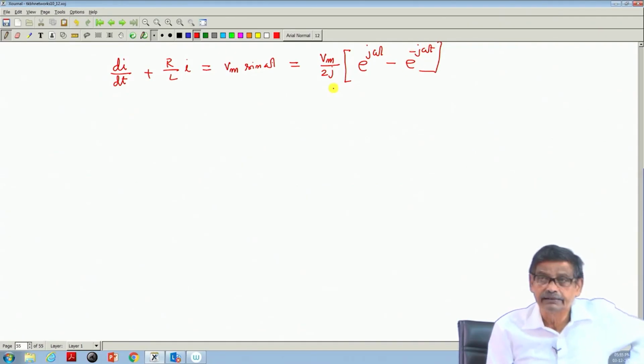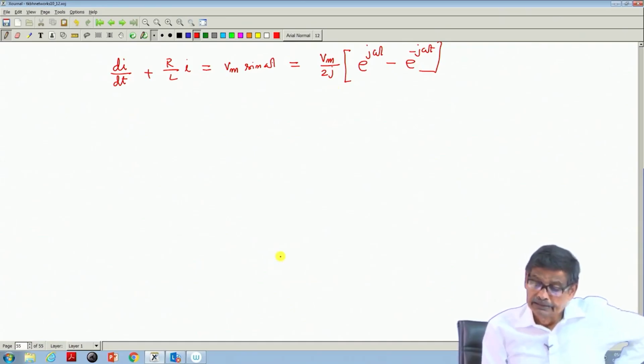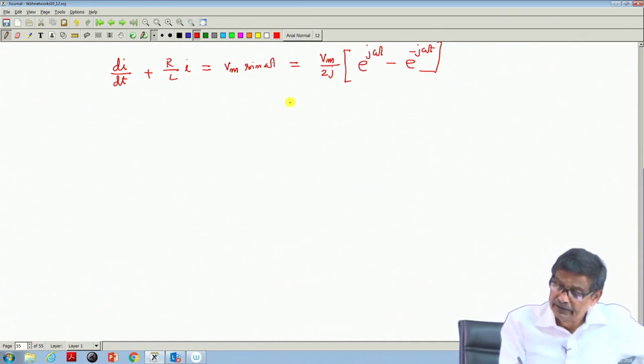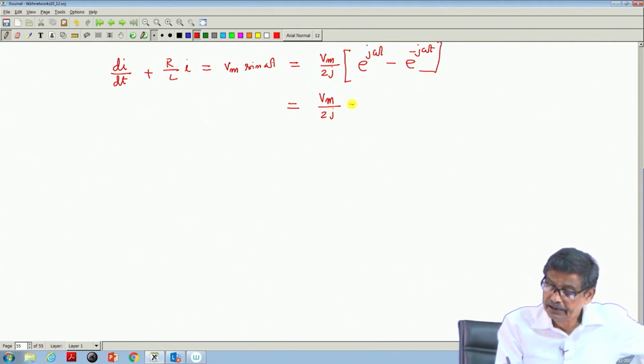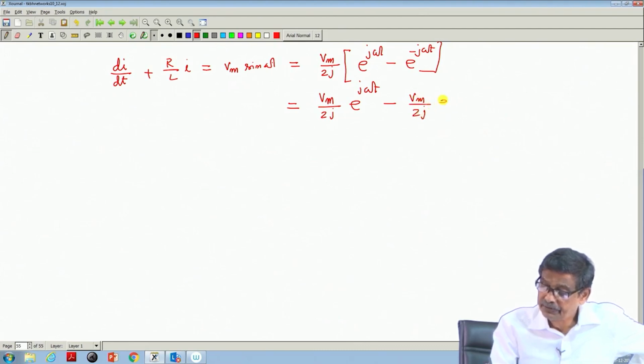This way I can write. Therefore, on the right hand side you have got V m by 2j e to the power j omega t and minus V m by 2j e to the power minus j omega t.